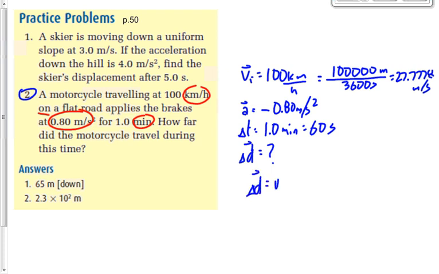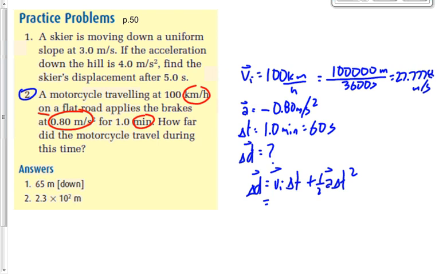Okay. VIT plus 1/2 AT squared? Yeah. It doesn't matter what number it is. In fact, tomorrow when I write them down, I'll probably write them down in a different order, so they'll be numbered differently, right? VIT plus 1/2 AT squared. Let's give it a try. If it doesn't work, then we'll try again. We know it's valid. We know we're not going to get the wrong answer. Worst case scenario is we just don't get an answer because we have too many unknowns.